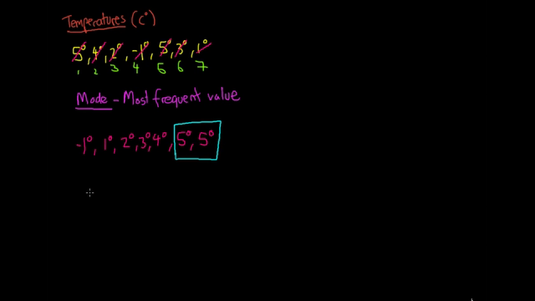So for our data set, we can say this: all values except for 5 degrees were observed once. The 5 degrees was observed twice.